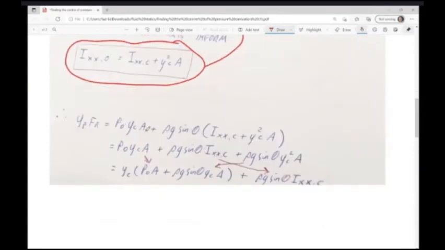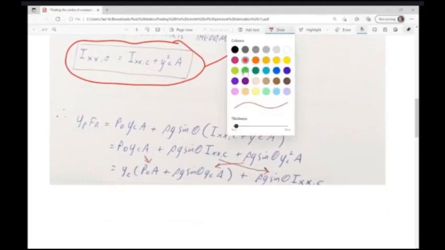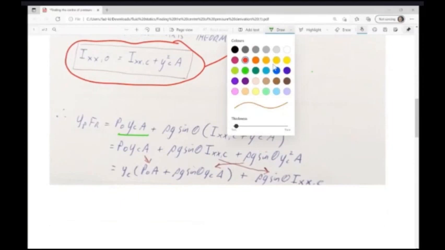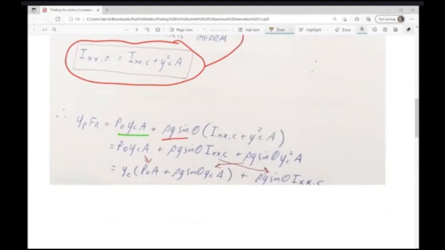If we take that and manipulate that equation slightly so we can expand those terms, we've got three terms now. This first term, this second term is here, look. That's multiplied by Ixx on the centroid.